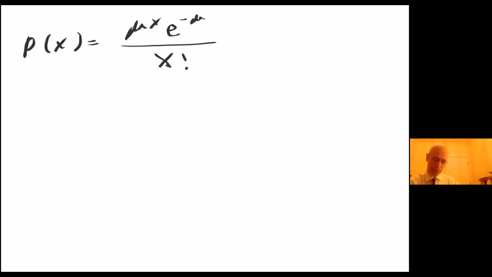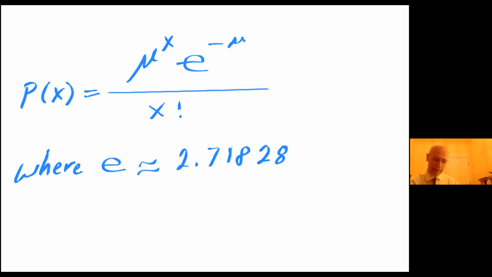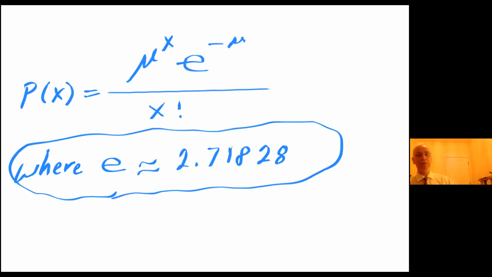Here is the formula. And e is a number in your calculator. If you're not familiar with it, nothing to worry. There's a button in your calculator, e, which is an irrational number like pi. The digits never end, but 2.71828 is good enough.